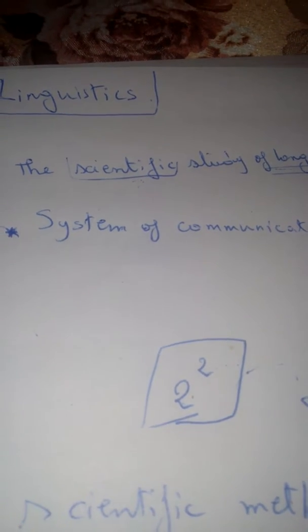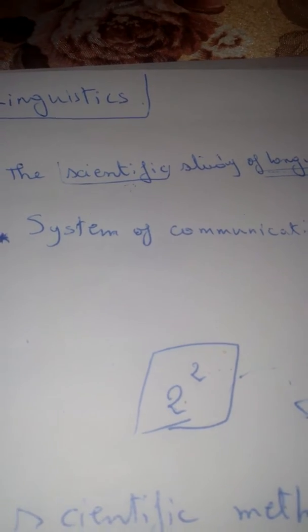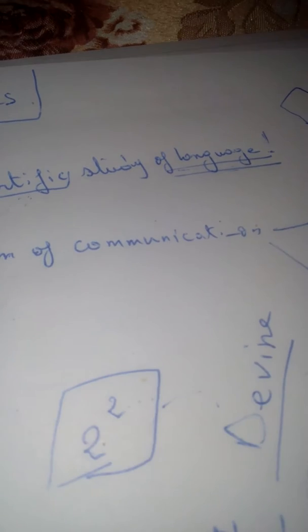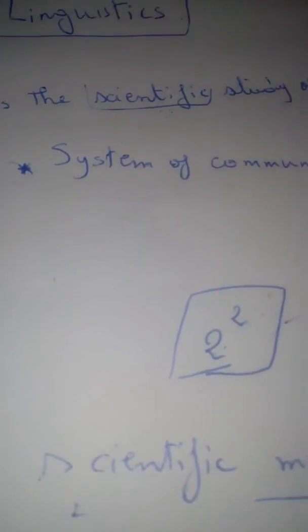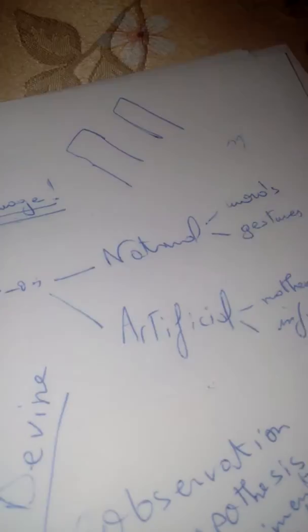In order to do so, you have to ask two important questions. We have "scientific" and the word "language". I'm going to start with language. What is language? Language is a system of communication. And we have two kinds of systems: natural systems and artificial systems. When I say natural, it means words or gestures.